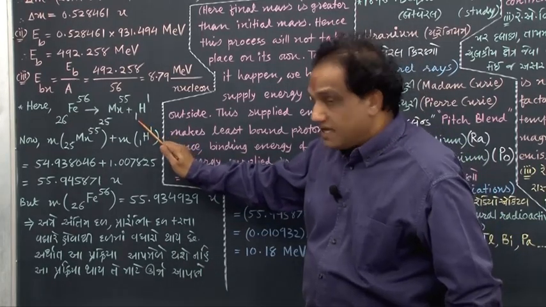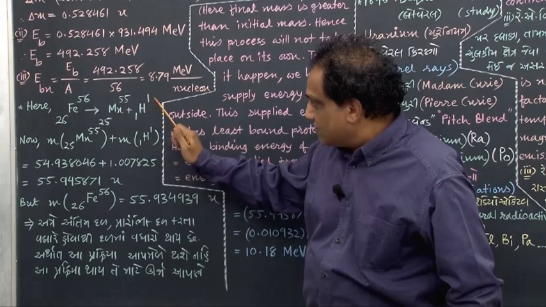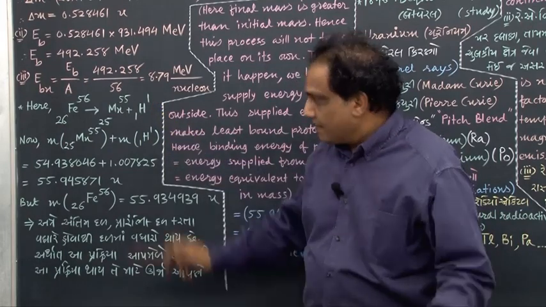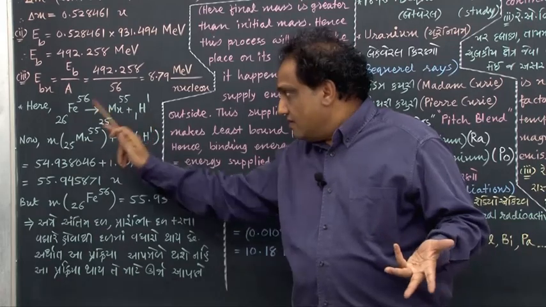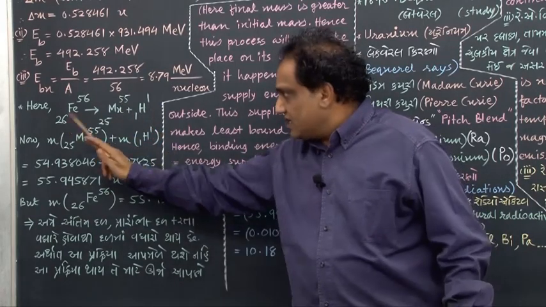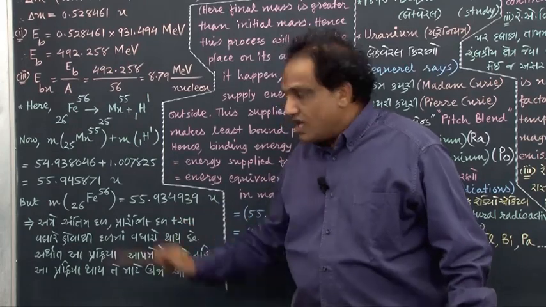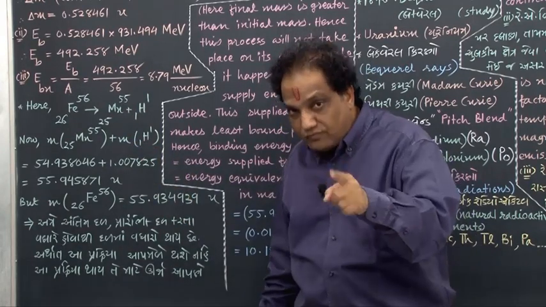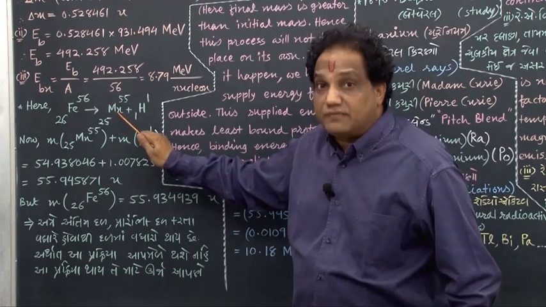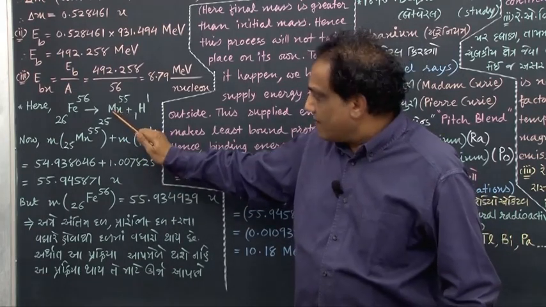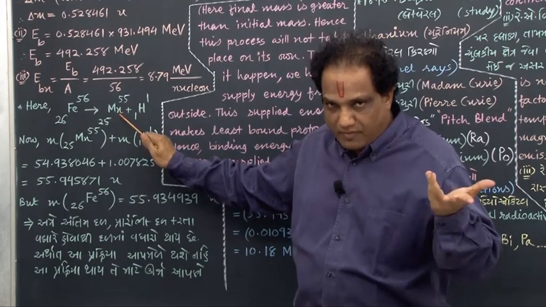So I am writing here hydrogen, that is 1H1, which is nothing but a proton only. When this emits one proton, tell me, balance the reaction. 26 minus 1, it is 25. And with atomic number 25, what is the element in the periodic table? It is manganese, shown by the symbol capital M small n, as you know from chemistry.